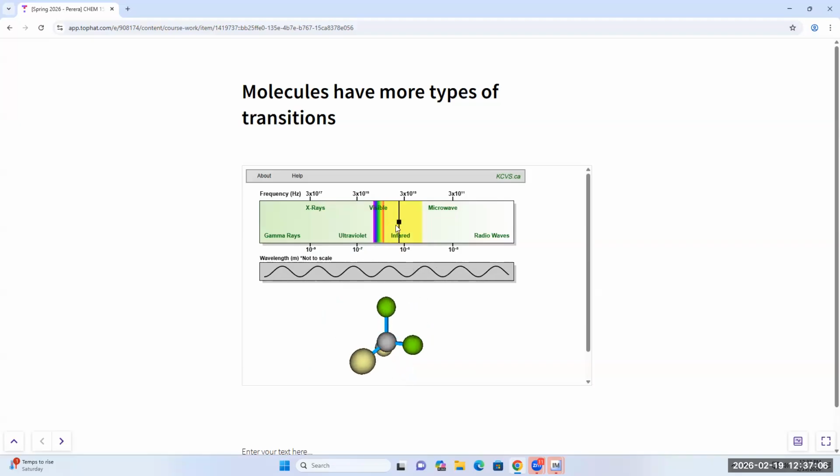All right, here's IR. Let me do this one more time. When I shine IR light at it, I can see that it induced bond vibration. It enhances the vibrational motion in the molecule.